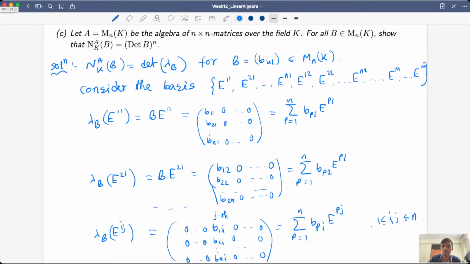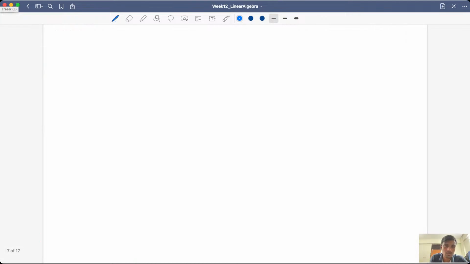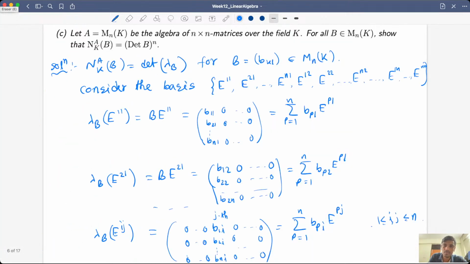Now if I write the big matrix, there are n square many entries, so the dimension is n square cross n square, but it has a very specific representation.